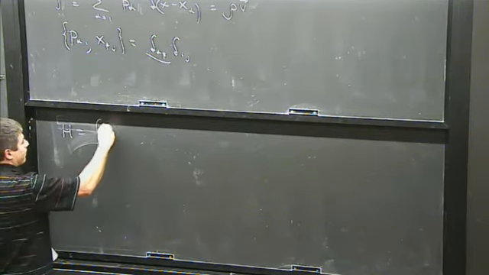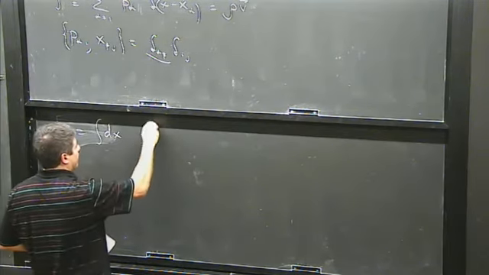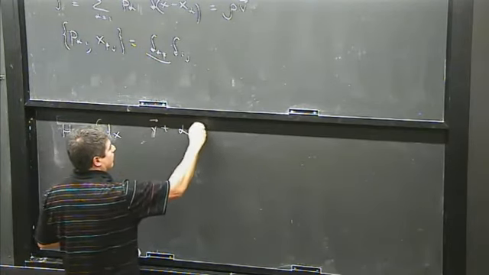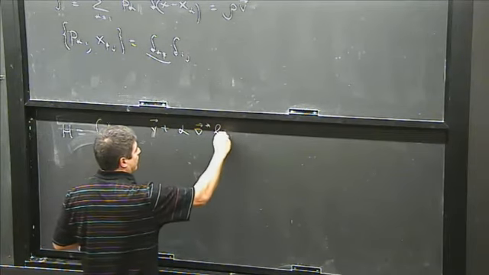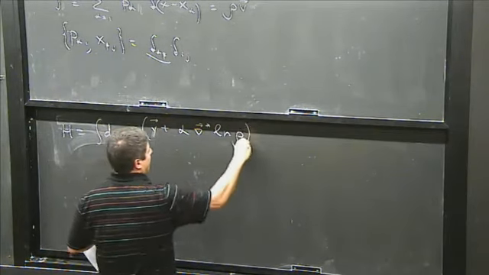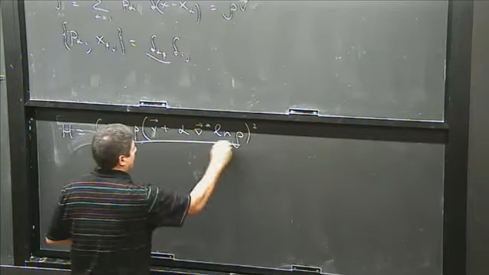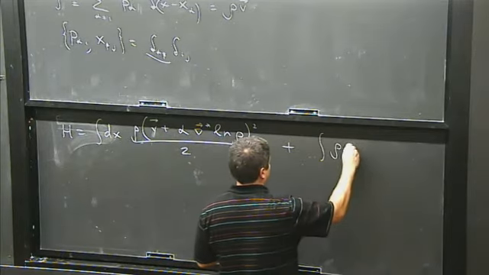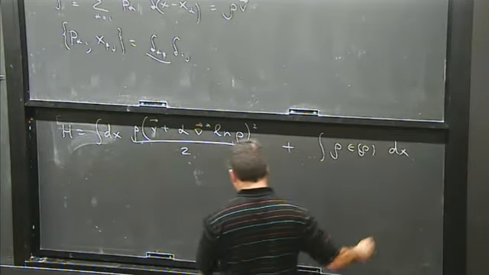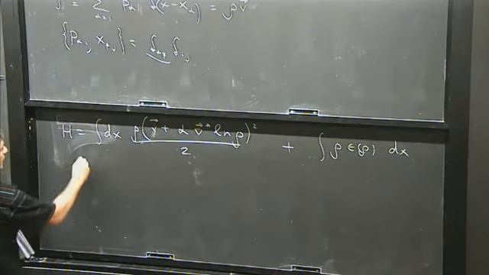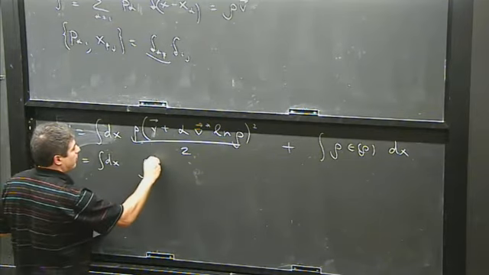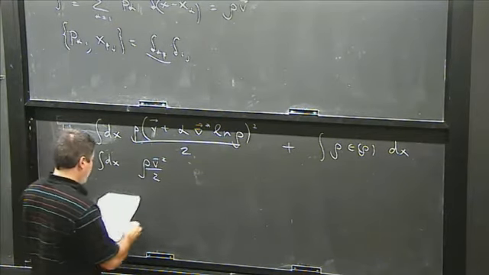Let me write down the following Hamiltonian. Another form would be, if I open parentheses and do integration by parts.